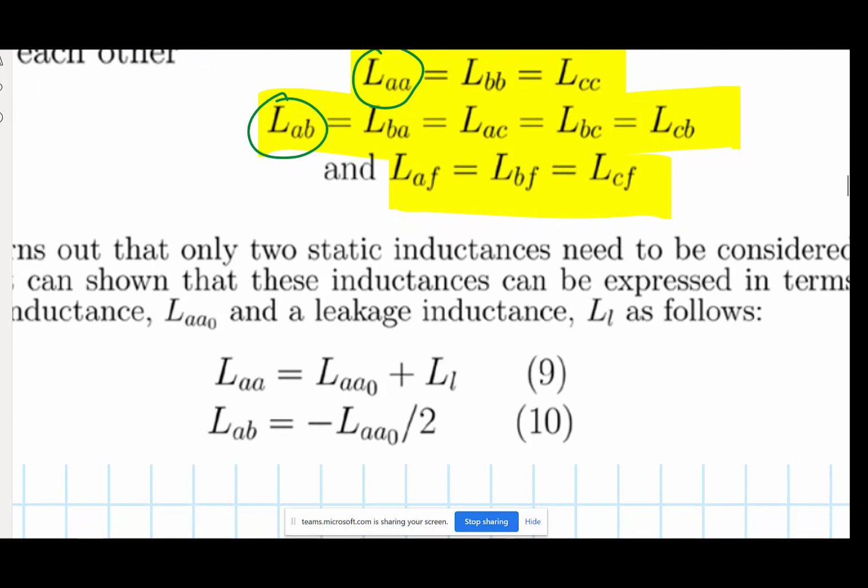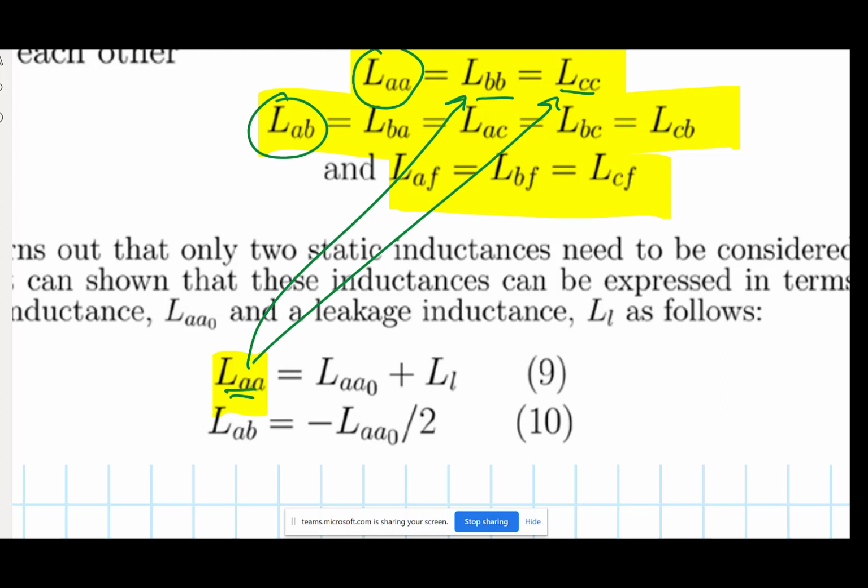The stator winding for phase A will be equal to the self inductance of the B phase and the self inductance from the winding on the C phase. They're all equal, so we're only going to use this. Essentially what you're doing is substituting this in here.